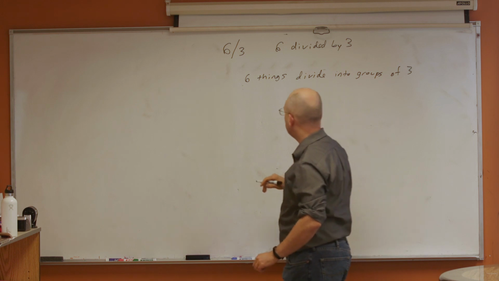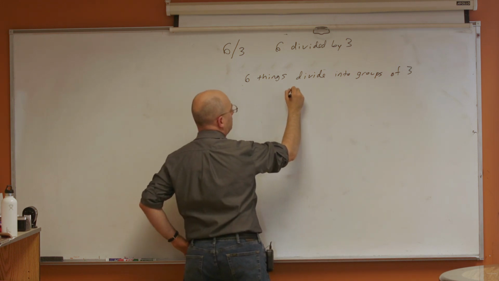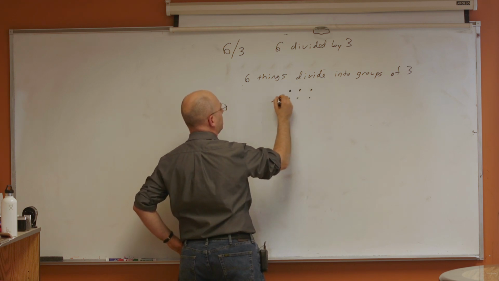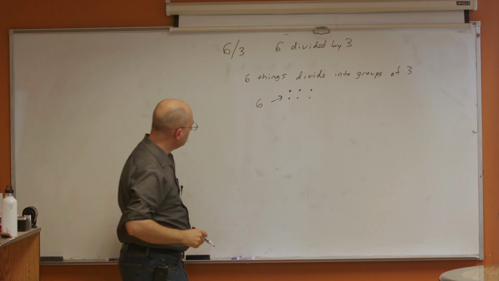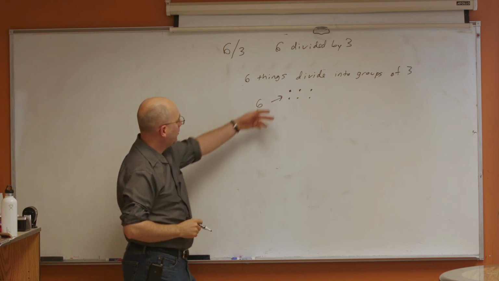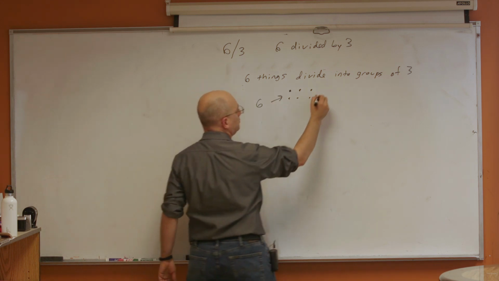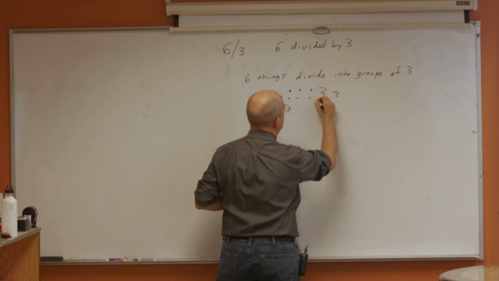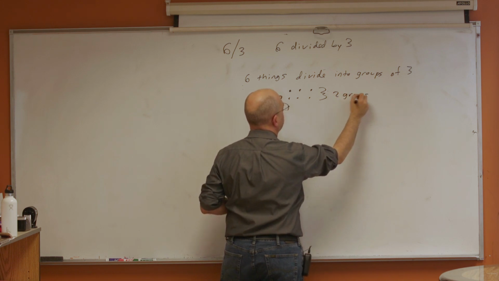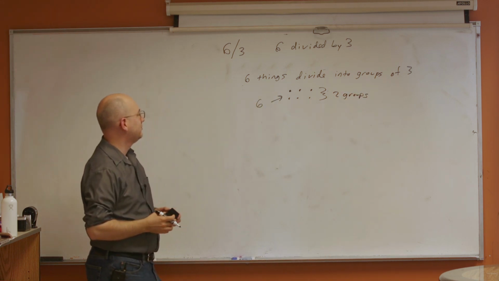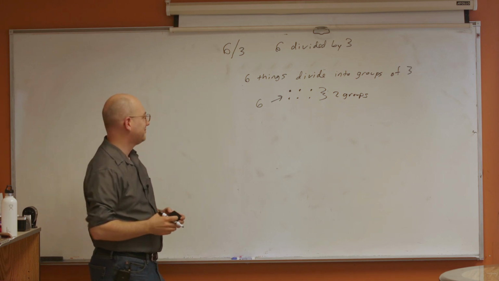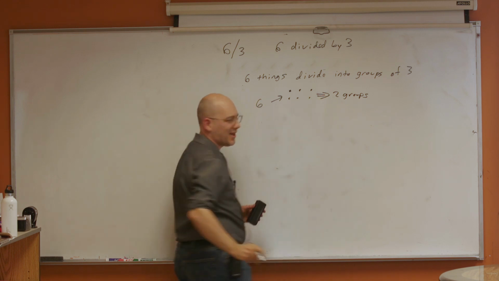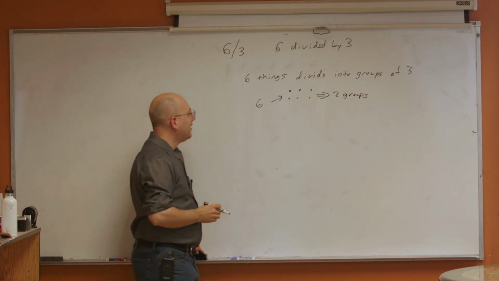It's one possible notion of it. So, 1, 2, 3, 1, 2, 3, and I've got 6. So I'm good. How many rows? 2. Or 2 groups. Six divided by 3 is 2. Happy? Yeah. All right.